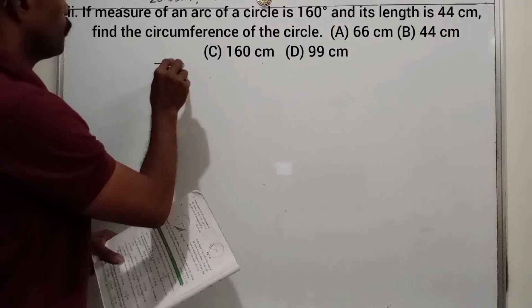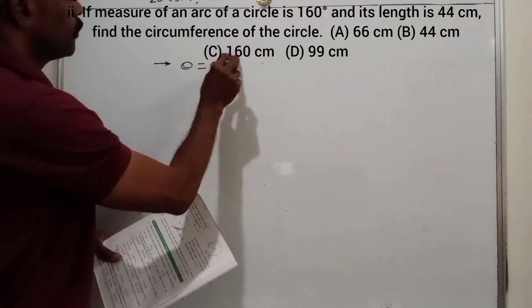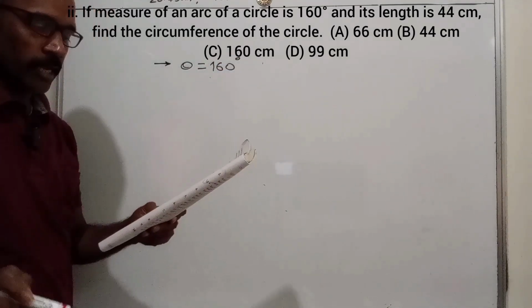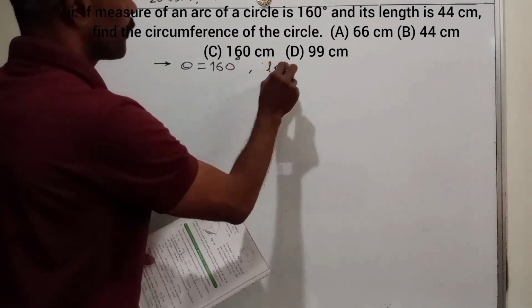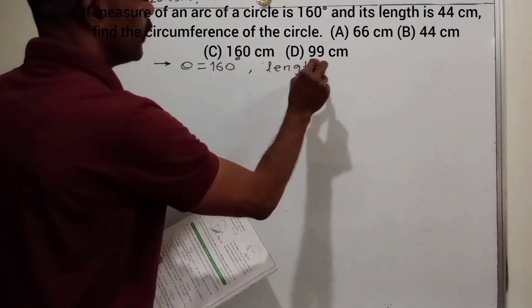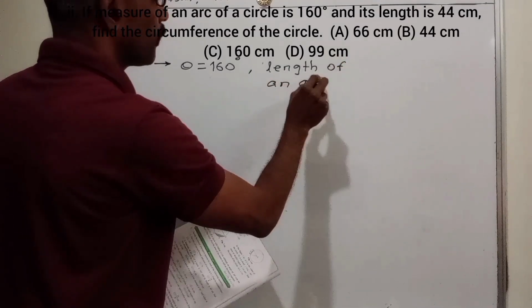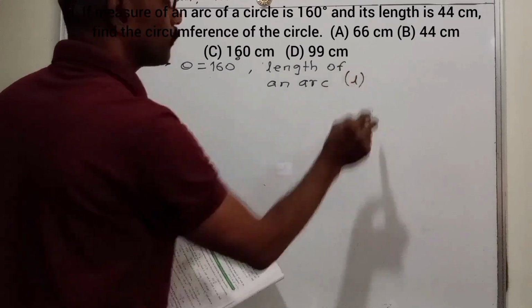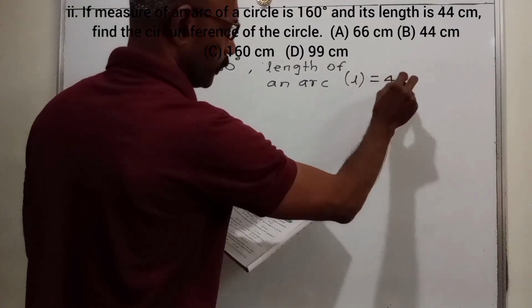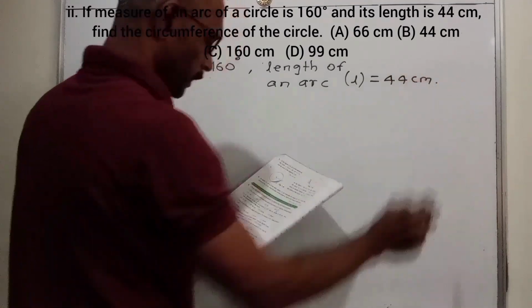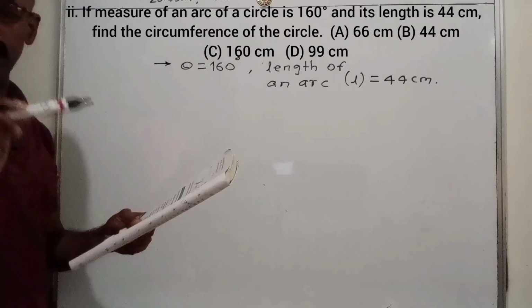So we have given theta is equal to 160 degree and length of an arc, we write L, is given 44 centimeter. Find the circumference of the circle.